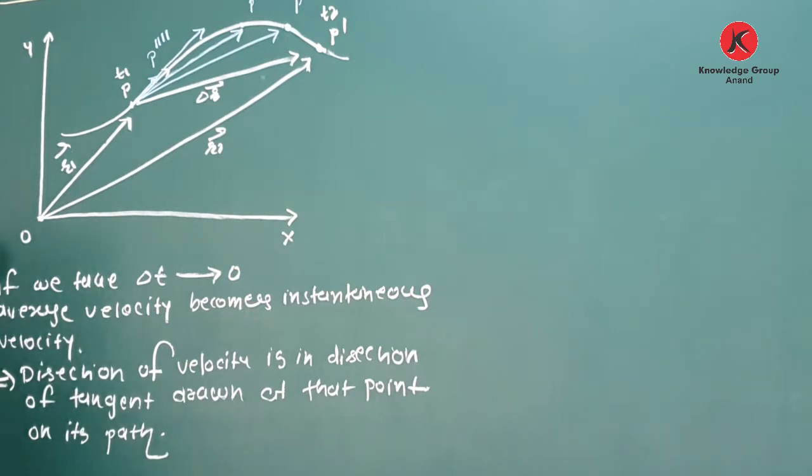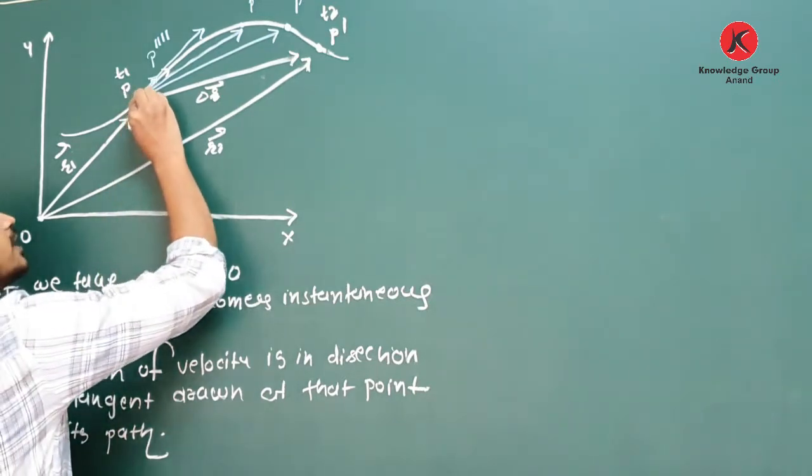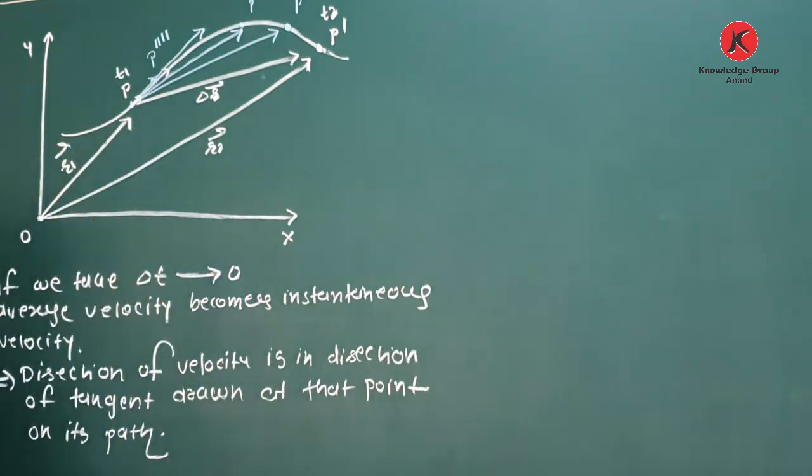Remember? The direction of velocity is in the direction of the tangent drawn at that point on its path. Clear about this? So our two problems are solved. First, average value becomes instantaneous value, and second, now this arrow is in the direction of the actual path, so we can also find its actual path.